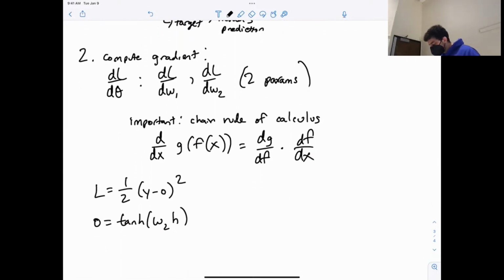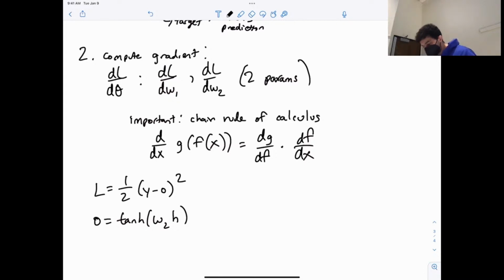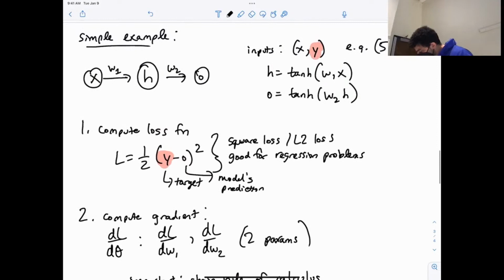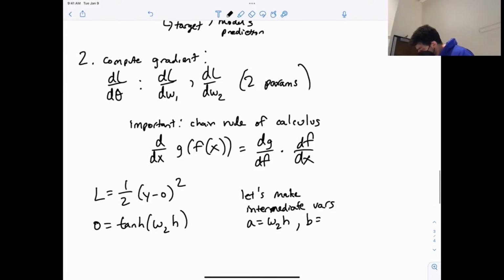Also, one thing that's helpful when we're differentiating these things is to make some even more intermediate variables so you can easily compute these derivatives. Here, we're going to make two intermediate variables just to make the explanation more coherent. A is going to be W2H, and B is going to be W1X.